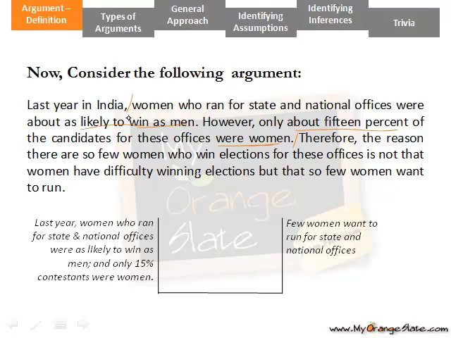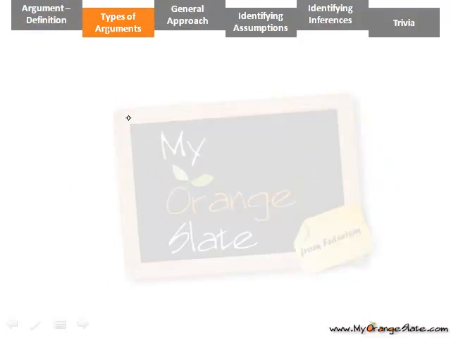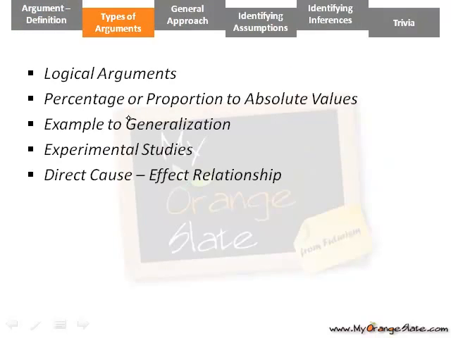Now friends, we'll see the types of arguments. Logical arguments. Arguments where premise gives you information in percentage or proportionate terms and the conclusion is made in absolute values.